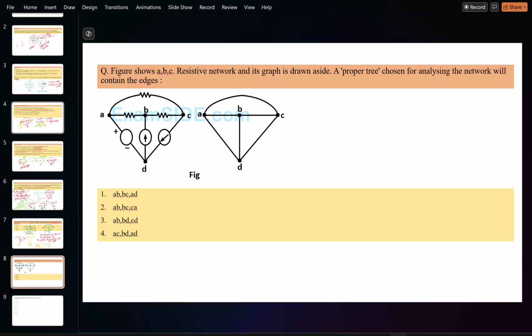Go with the basic definition. First, you don't have to form any cycle or closed loop. Second, all nodes must be connected in that particular tree, meaning all nodes are a part of it. And AB, BC, AD are the branches of that particular tree.